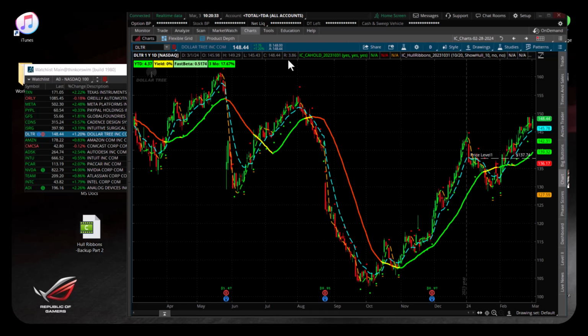It involves using the 30-day simple moving average, the 10-day exponential moving average, and the 10-day Hull. Depending on where the stock price closes in relationship to those moving averages, you can determine there's one of five phases.